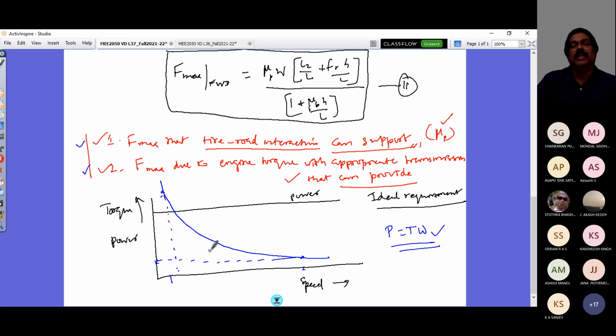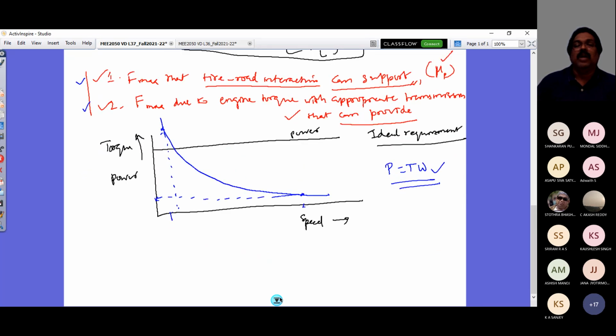So now the question is whether the power torque characteristic of your IC engine is similar to that. If I ask you, you should answer that it is not so. The power torque characteristic of an engine is not the same as the ideal power required for the vehicular application. Then how are they employed on those vehicles?